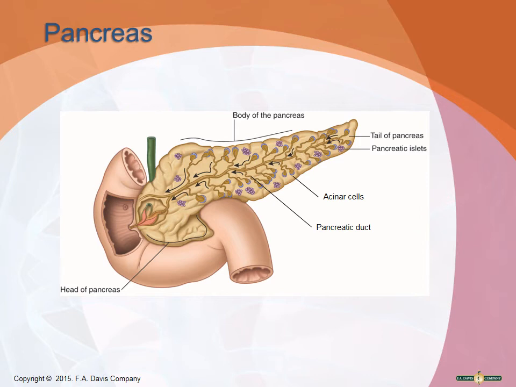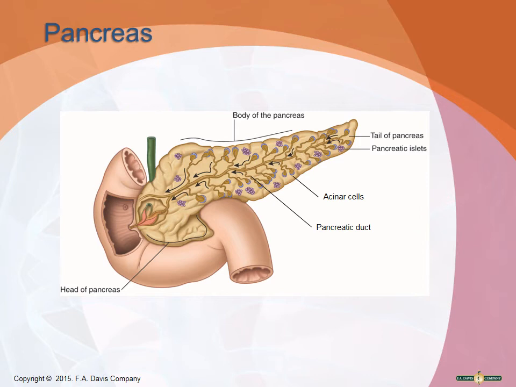In the pancreatic juice, you have enzymes, and it's pretty easy to remember. Usually it's like carbohydrase for carbs, proteinase for proteins, nuclease for nucleic acids, lipase for fats, lipids. In addition to those enzymes, you also have a base, a buffer that will help with the strongly acidic chyme that has entered into the duodenum.